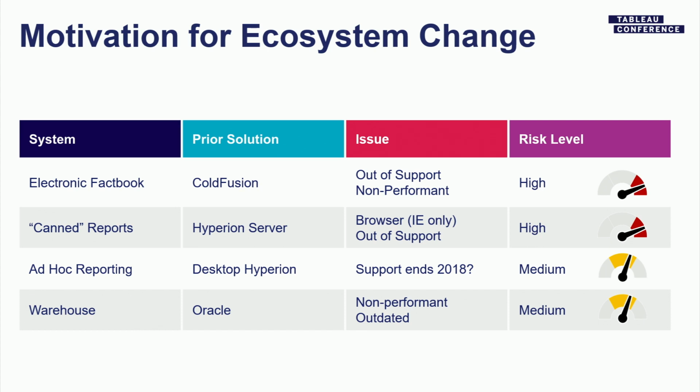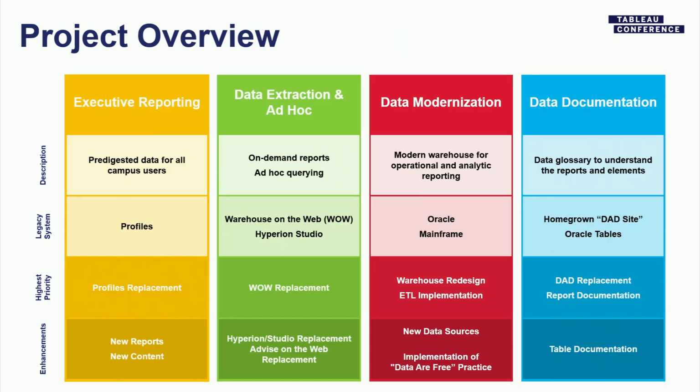And so we were in this situation where we had to sort of change everything all at once. And we said, that's probably not the best strategy. We broke it into multiple streams of work, and that's the executive reporting stream, the ad hoc stream, the data modernization stream, and the data documentation stream.